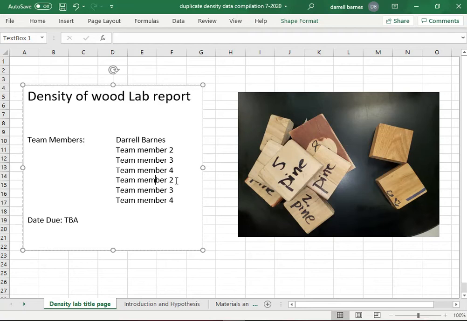All right, so we got a team member 5, all right, a 6, and a 7. And there was actually a team member 1, wasn't there? And I'm just kind of like the person putting this report together. All right.